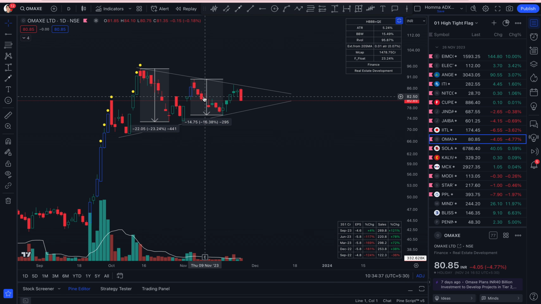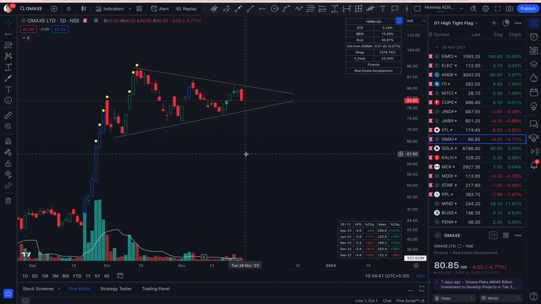Now, from my observation, here's how it works. As the number of Ts in the VCP increases, we are closer to the breakout, right? So a VCP with 4T is closer to a breakout than a VCP with 3T.